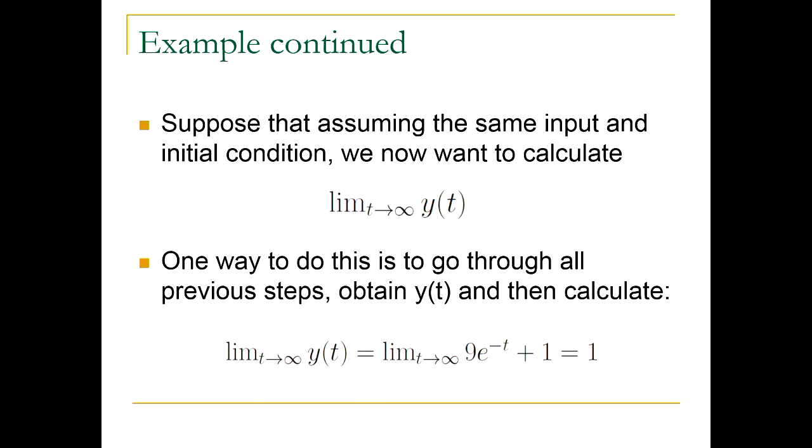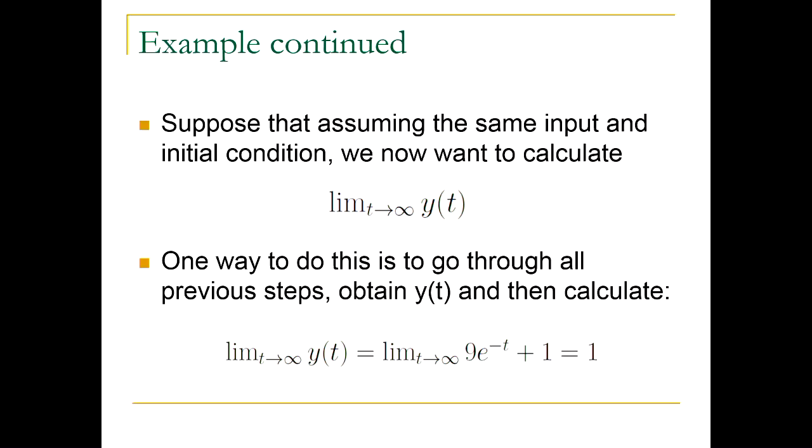All right. Now, if you are perhaps asked to calculate the limit as t goes to infinity, then one way to do it is, you already obtained y of t using inverse Laplace transform. We got it. So we can always use a limit on the time signal that we obtained, and that's always true.